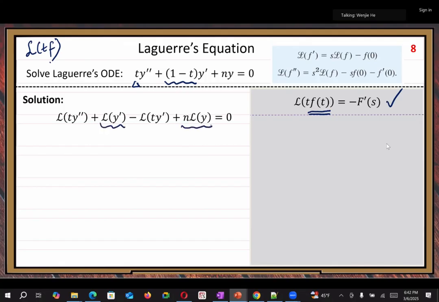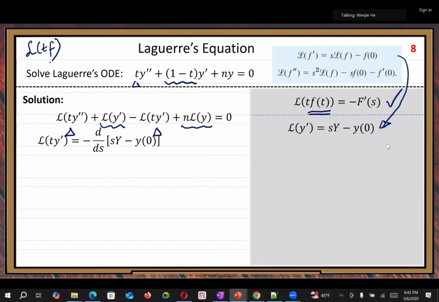So we need to find expressions for the other two terms. First, this one, apply that formula. Very easy.